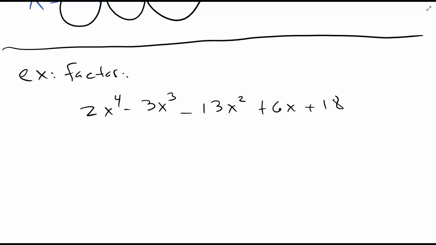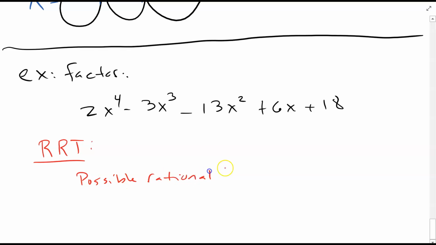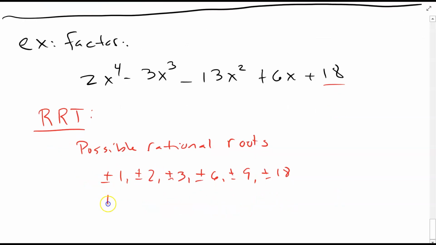So let's say we want to factor 2x to the 4th minus 3x cubed minus 13x squared plus 6x plus 18. The first thing I'm going to do is use my rational roots theorem. So my possible rational roots are going to be the factors of 18 all over 1, and then also the factors of 18 all over 2.